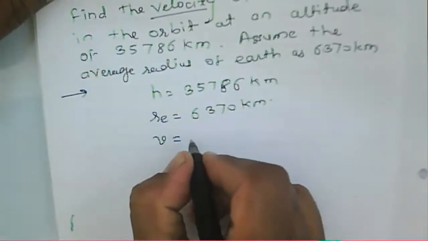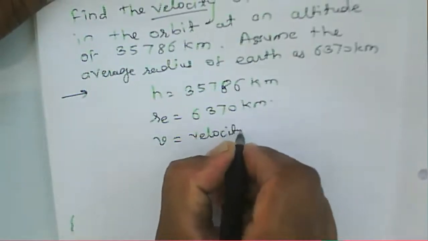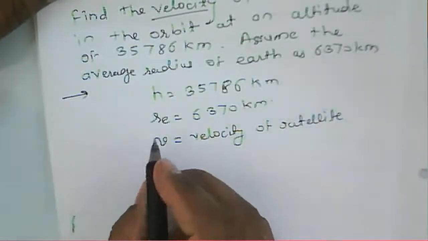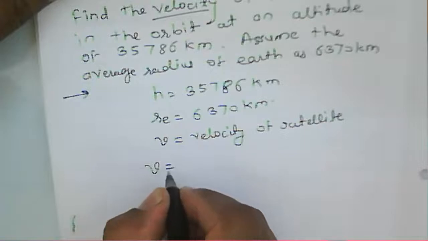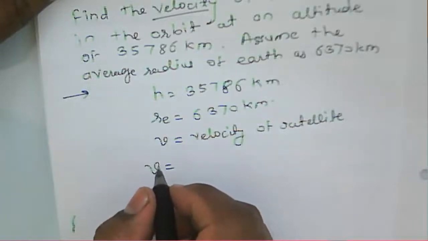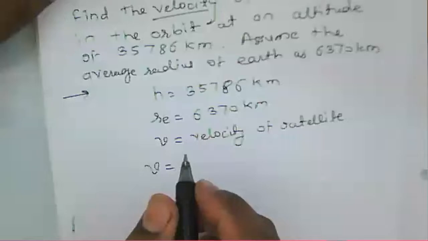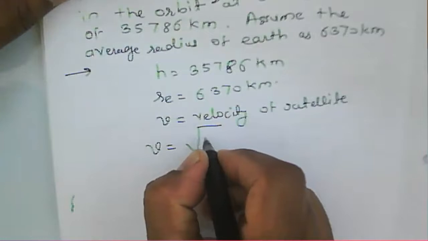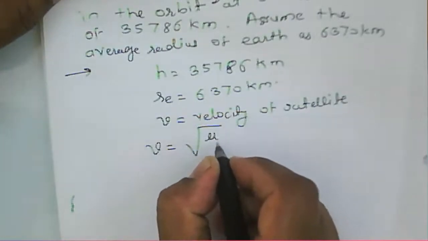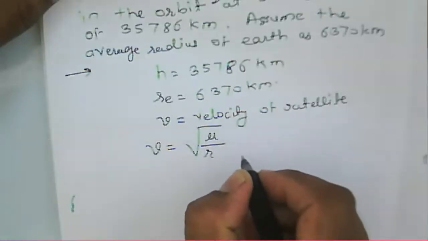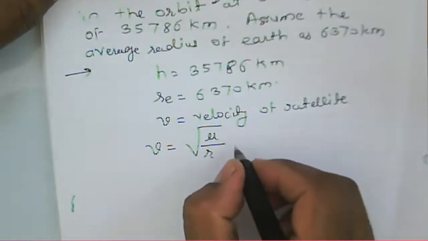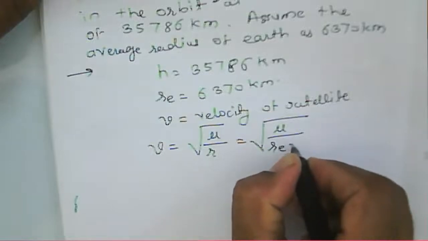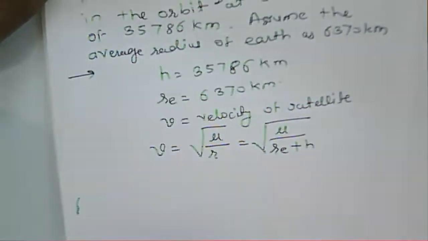The velocity of a satellite depends upon the radius and the gravitational constant. Velocity v is equal to what? We have the gravitational constant mu, and the radius. This radius is from the center of the Earth, so we need to consider the gravitational constant divided by the radius of Earth plus the altitude. This way we can find out.